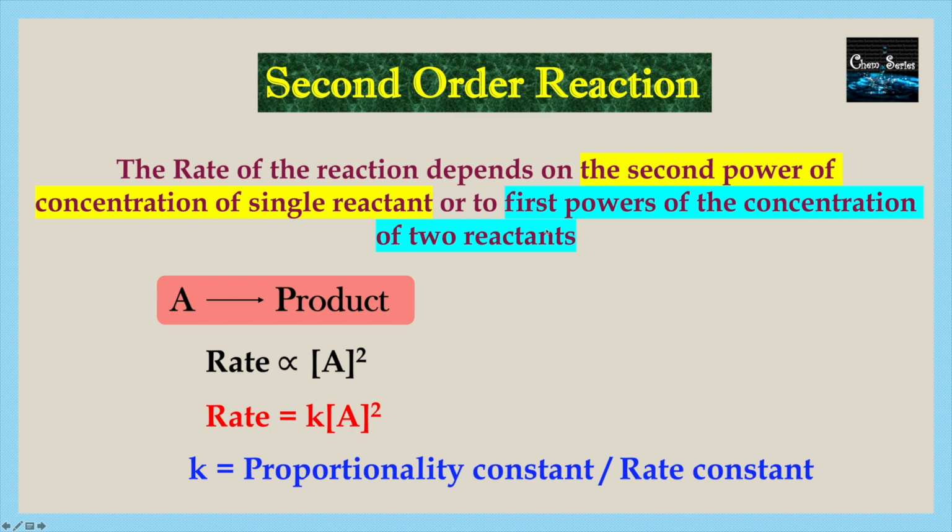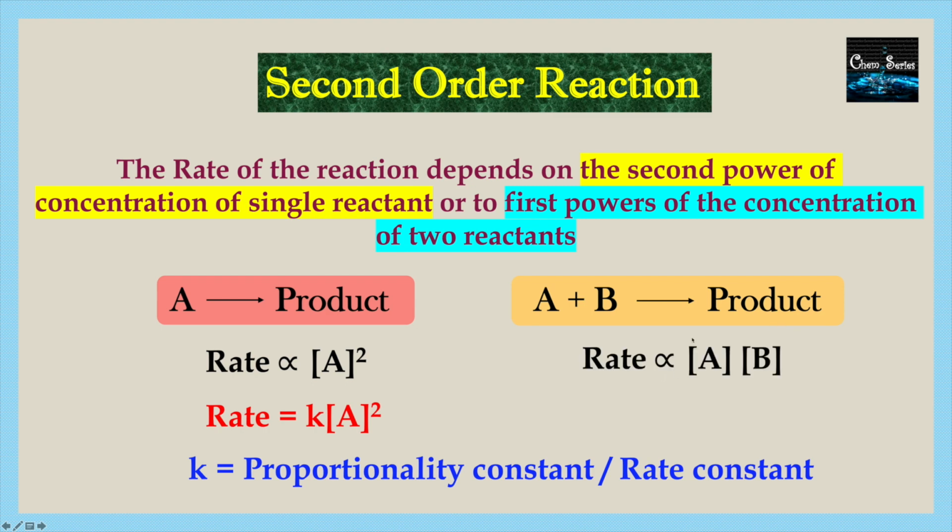So coming to the second definition, that is the rate of the reaction depends on first powers of the concentration of two reactants. For that, take this reaction, A plus B gives product. Here, the rate is directly proportional to the A reactant and the B reactant, and their powers are 1.